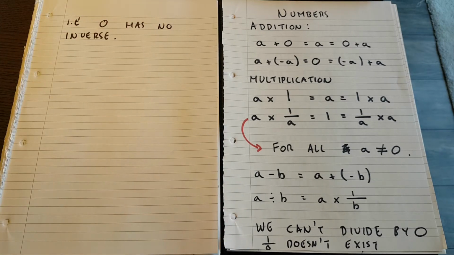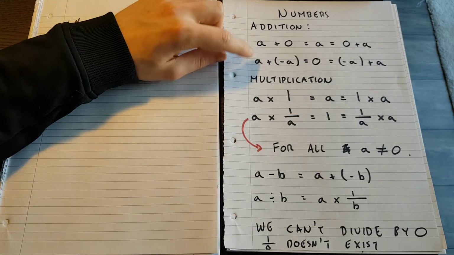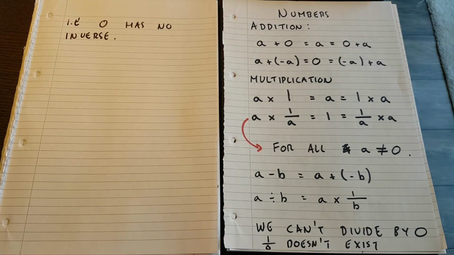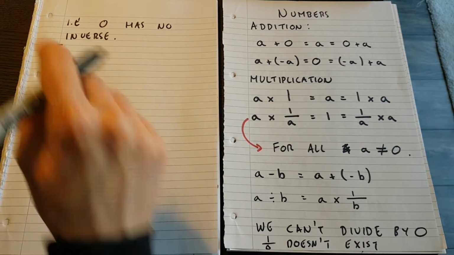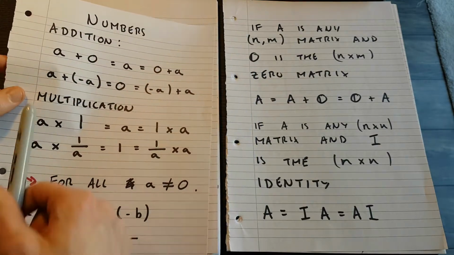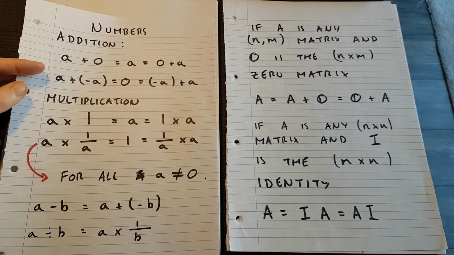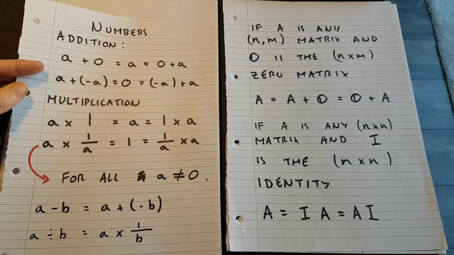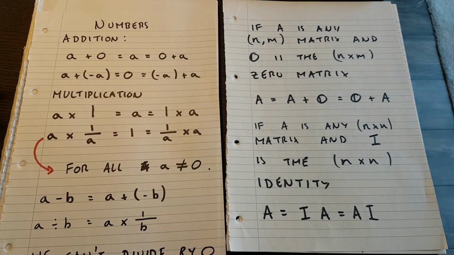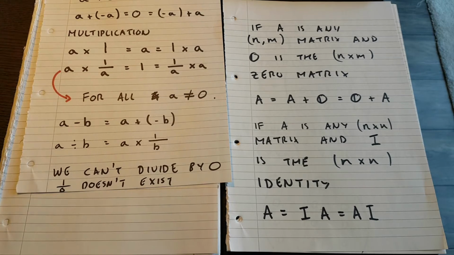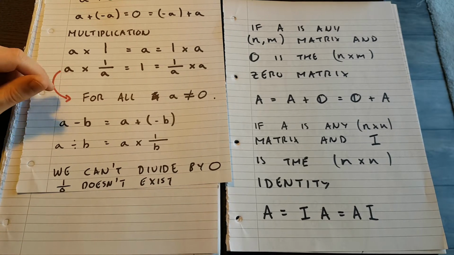But matrices work a little bit differently. Matrix addition is almost exactly the same. You can see here that matrix addition will work for anything. Every matrix can have a negative. All you do is just change the sign of all the elements. Matrix division doesn't really make sense. It's not a concept that is particularly useful.